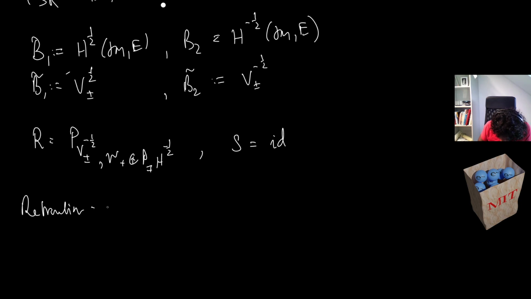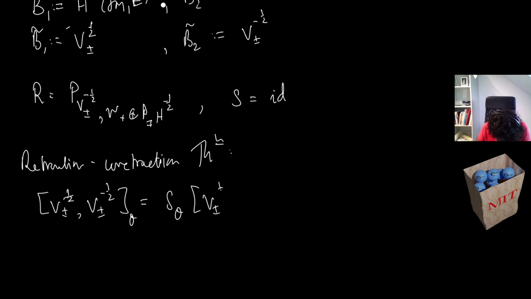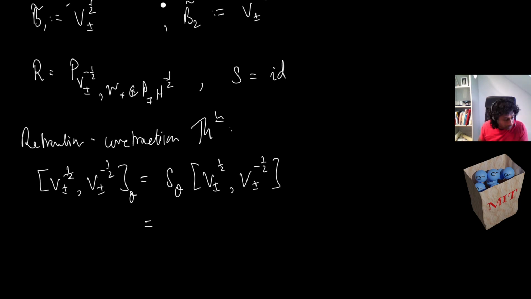The retraction co-retraction theorem then gives me that, because S is the identity, the interpolation space at theta between V plus minus a half and V plus minus minus a half is equal to the retraction at theta acting on the larger spaces.